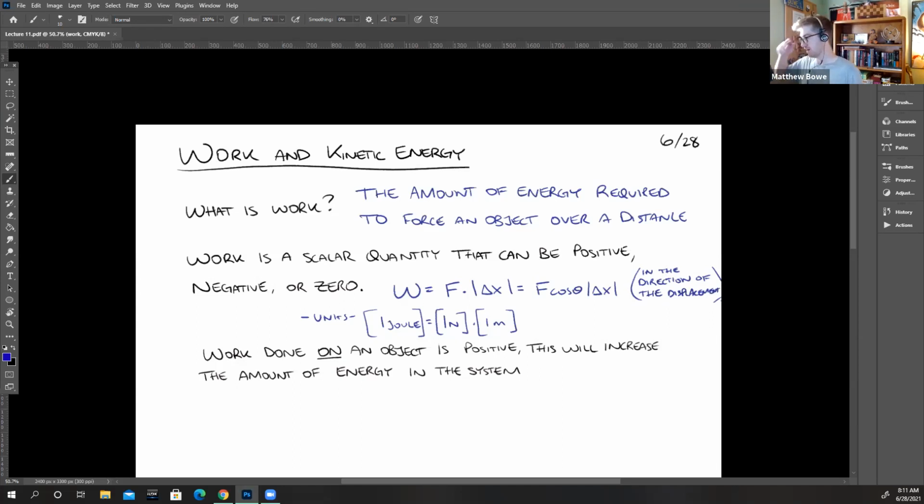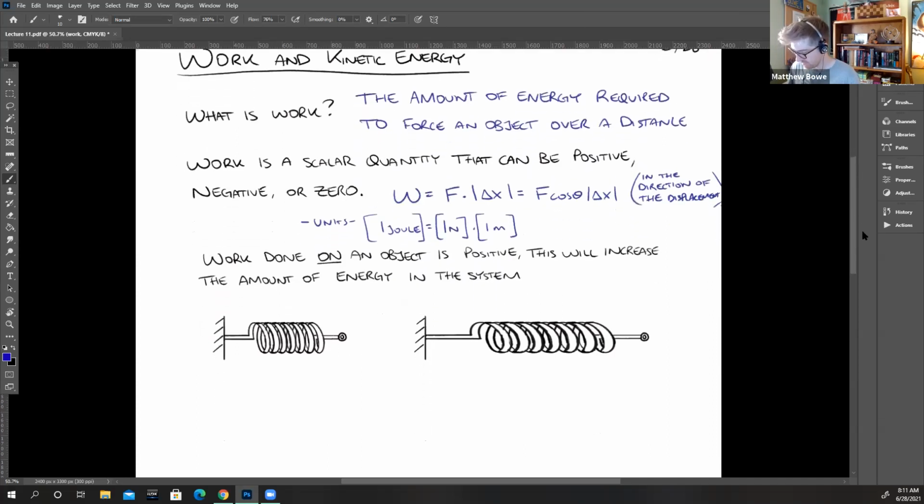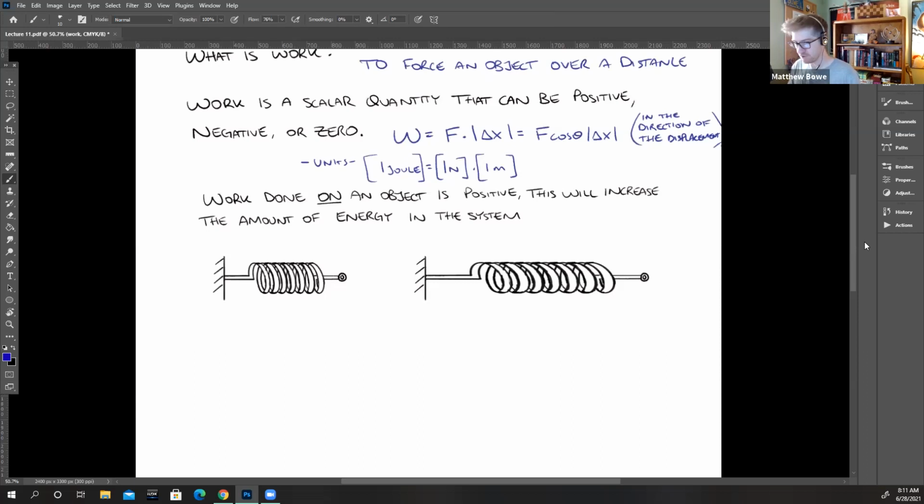I think at first I didn't like the example, but I'm leaning towards it now. Let me explain with a little picture. So we have a first case and a second case. Before, the spring sits here. So I'll just say before.